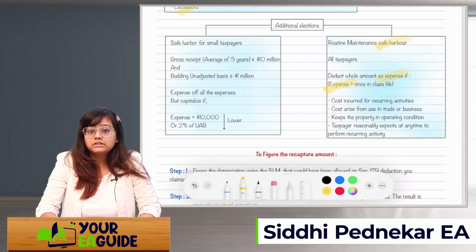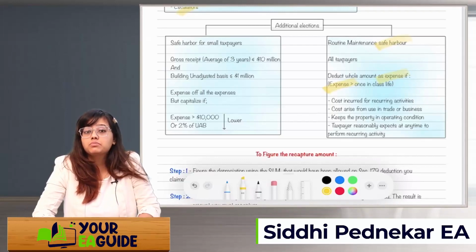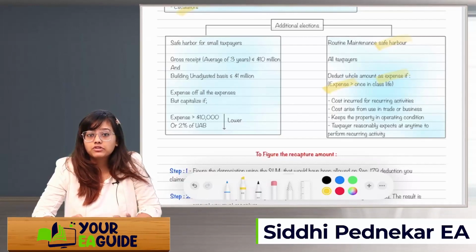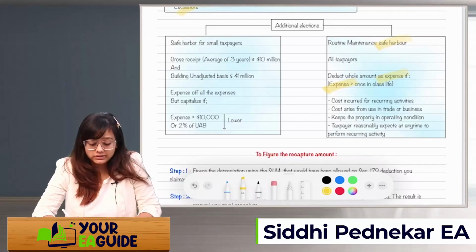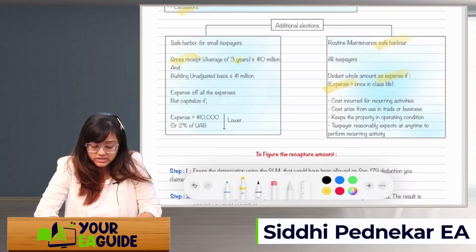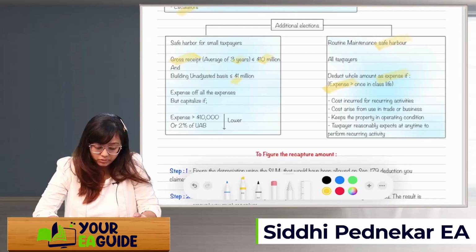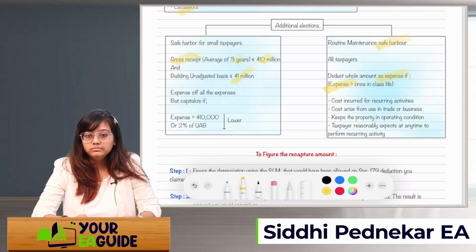But let's say it's a small taxpayer. What do we mean by small taxpayer? If your average of 3 years gross receipts is up to 10 million, and building unadjusted basis is up to $1 million, right?